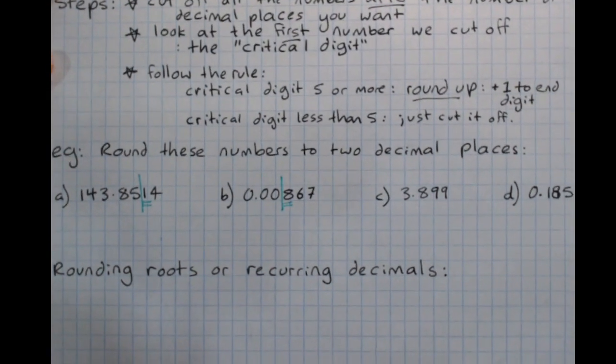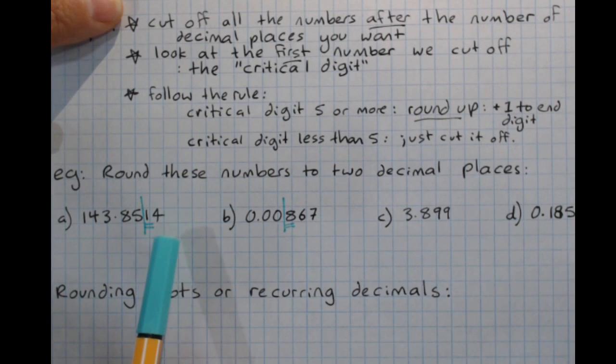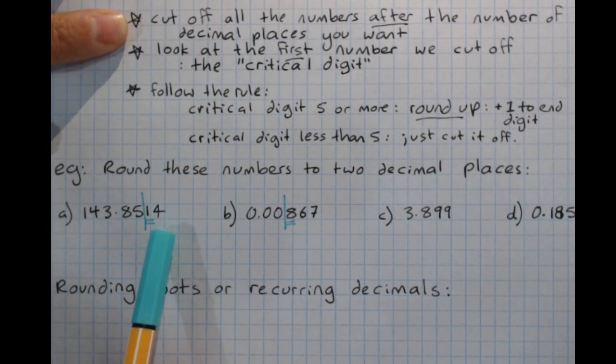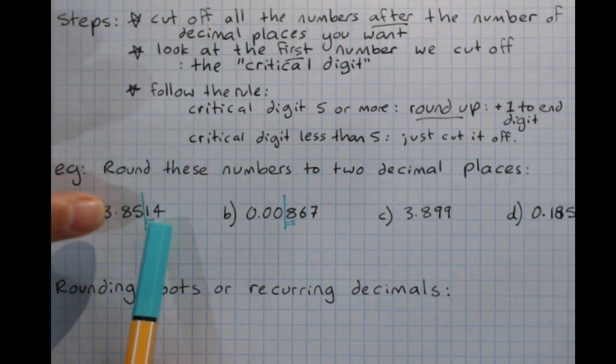So let's follow these steps in this rounding question. We've cut off all the numbers after the number of decimal places we want. We look at the first number I cut off. Is it 5 or more?